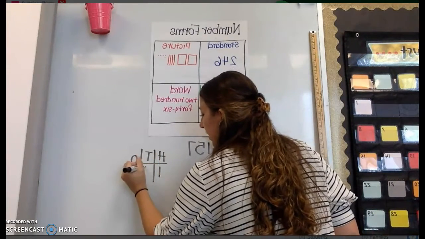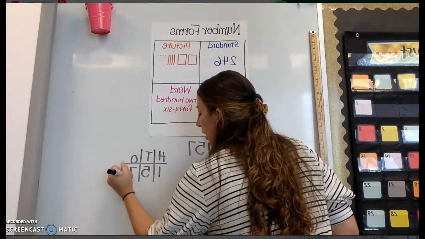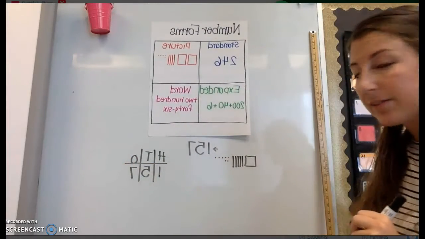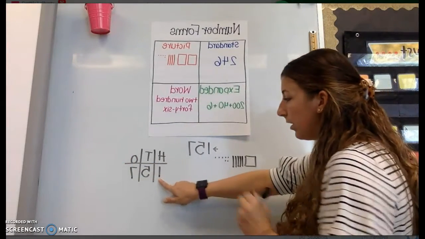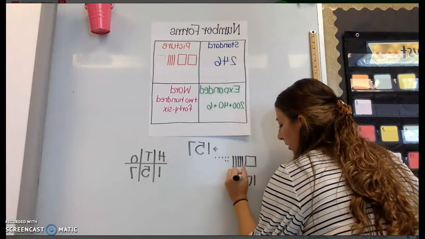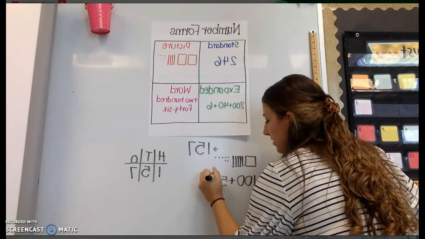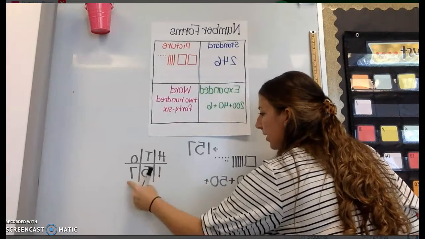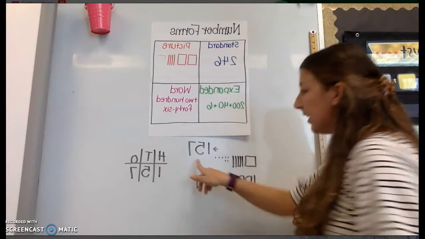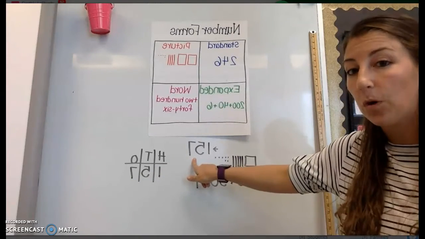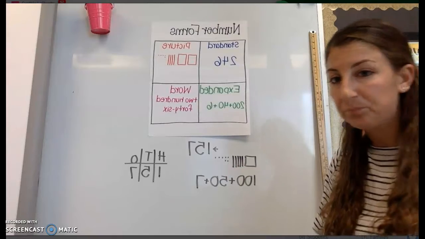And you would just take that number and put it into each of those place value spots. So now you can see you have 100 plus 50, because that's 5 tens, plus 7 ones is your expanded number form for 157.